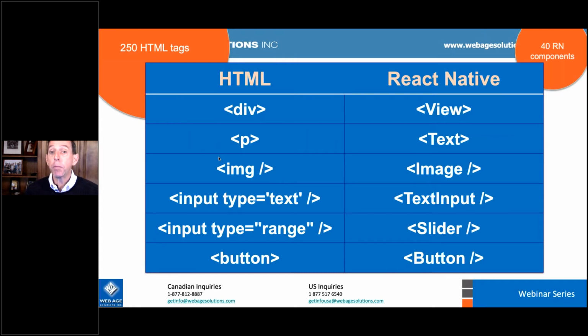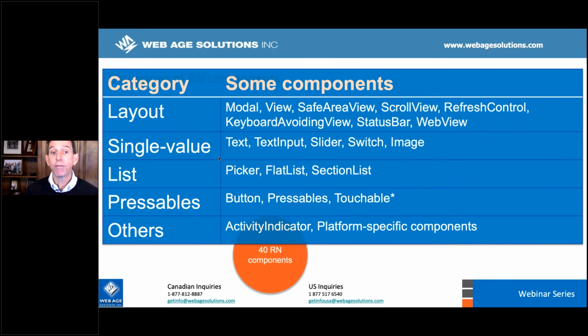These components fall into several categories. You can see that there's, like I said, about 40 different components in React Native, and they fall in these categories. Things like layout controls, for laying out the page. And, you know, we don't have pages on devices, but you do have a screen. So these would be for laying out the screen.